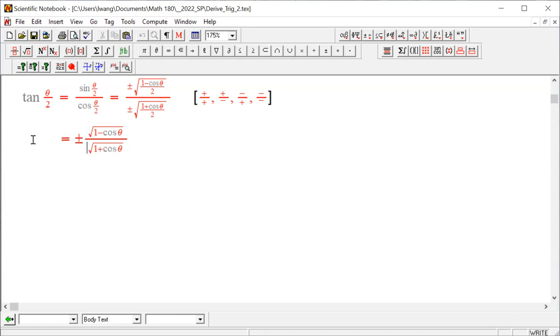They're just reduced. So tangent half theta equals that. It can also be written alternatively as the square root of 1 minus cosine theta over 1 plus cosine theta.